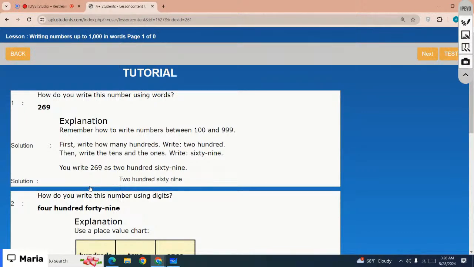Basically, we write the numbers the way we read the numbers, right? How do you read 269?